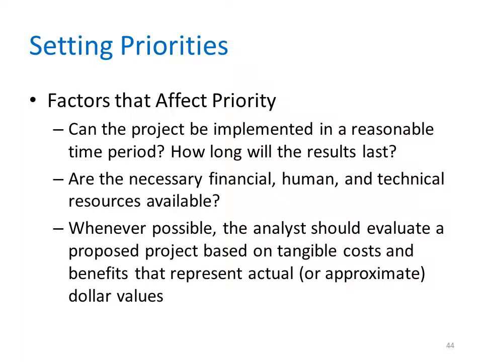Whenever possible, the analyst should evaluate a proposed project based on tangible costs and benefits that represent the actual or approximate dollar values. Intangible costs and benefits often influence systems decision priorities and must also be considered carefully, but the primary deciding factors should be based on tangible costs.